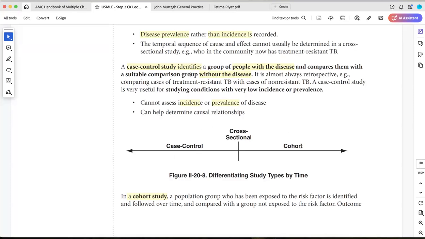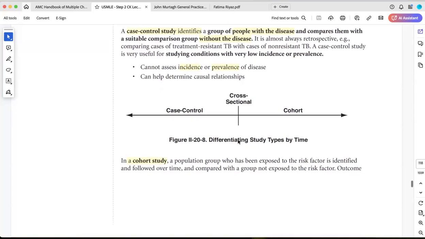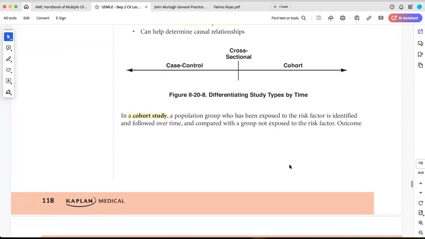Whereas exactly the opposite is cohort, where we go forward. Let's say we take a group of patients who are smokers, and we also find a group of people who are non-smokers. Throughout the next 10 years, we follow them and see if any of them get cancer.